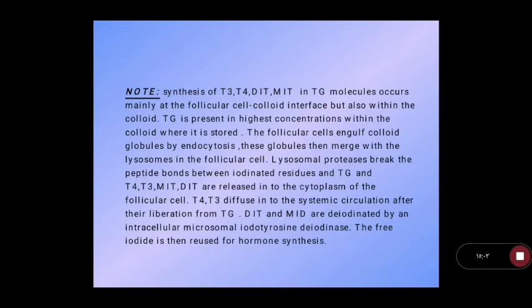Thyroglobulin is present in highest concentration within the colloid where it is stored. The follicular cell engulfs colloid globules by endocytosis.